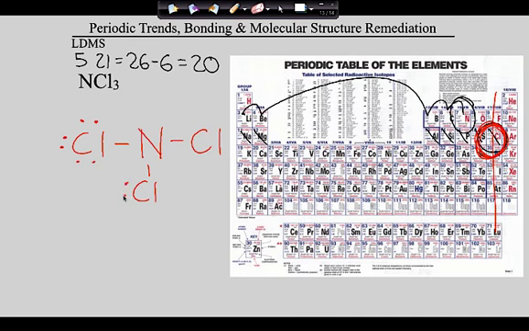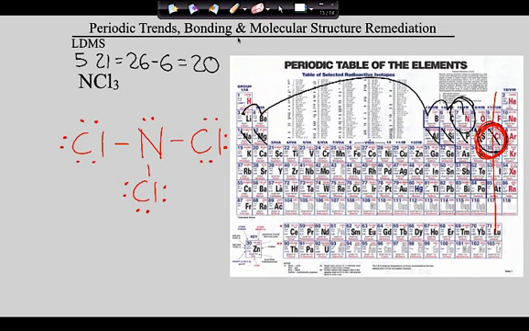Then 7, 8, 9, 10, 11, 12. Now that chlorine is happy with 8 electrons. Then 13, 14, 15, 16, 17, 18. And that chlorine is now full. We've used now 18 of the 20 electrons, so we've got 2 more, and we can put those on the nitrogen. Now that we've done that, the last thing that we need to do is check for full octets.